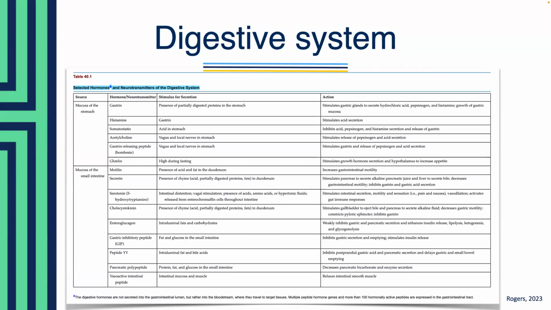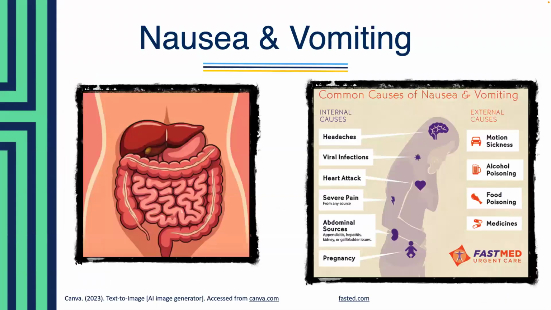Now we're going to go briefly into GI symptoms that we're all familiar with, but we're going to review some additional information with each of them. Looking at gastrointestinal symptoms, we know nausea, vomiting, constipation, and diarrhea result from disruptions in the normal functioning of the GI tract.